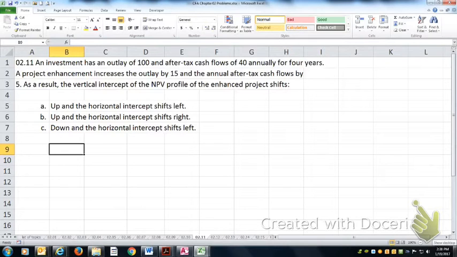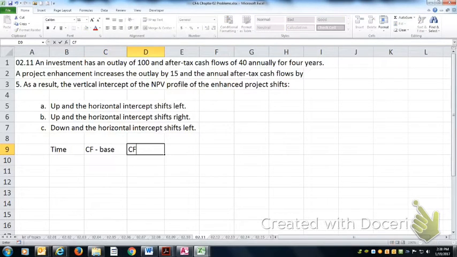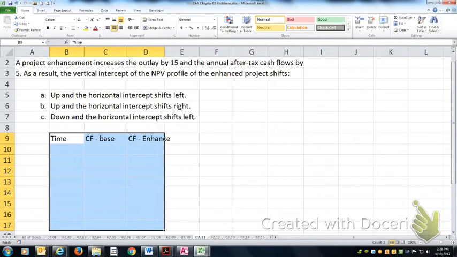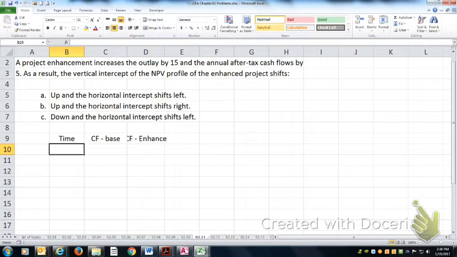First thing we need to do is graph out these cash flows. Time period, cash flows for the base, and cash flow for the enhanced. Alright, 0, 1, 2, 3, 4.